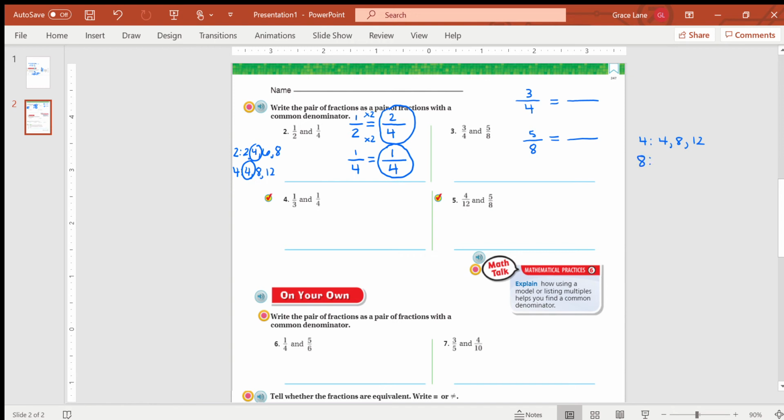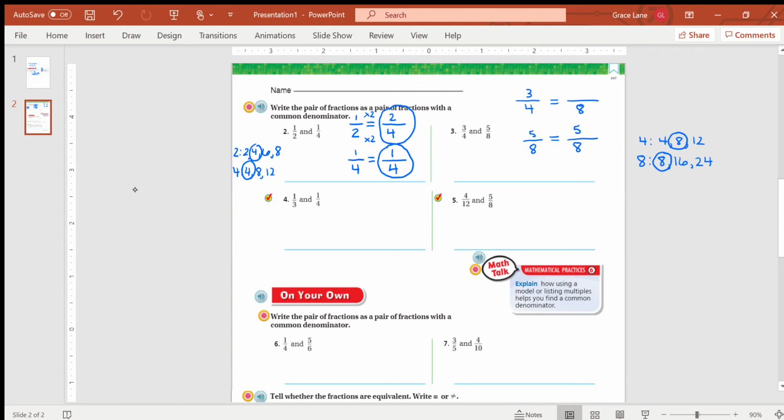And then for 8, you would have 8, 16, 24. But look, they have an 8 in common. So you know that a common denominator could be 8. So put an 8 here, and then you want to make equivalent fractions. Now the bottom one is already in 8ths, so this can stay as 5/8.